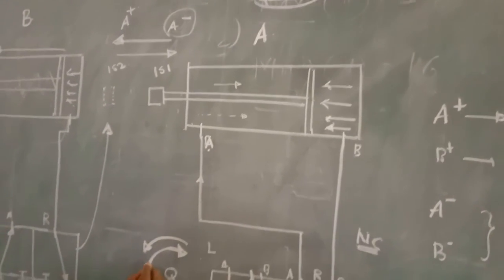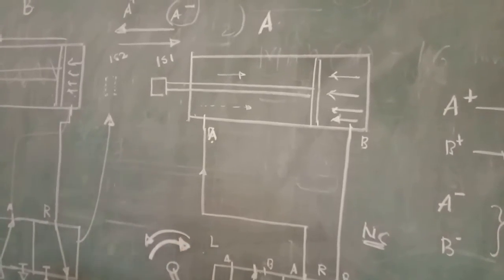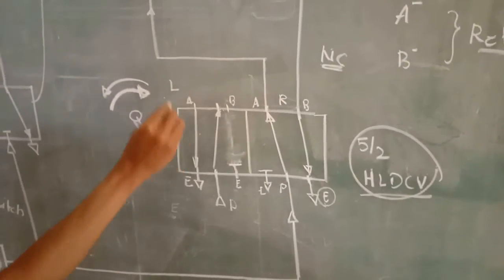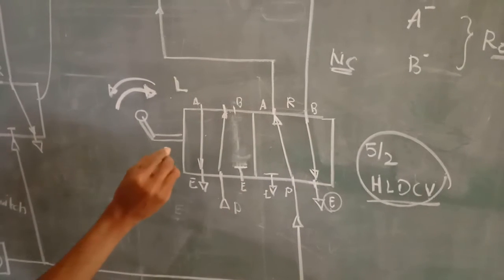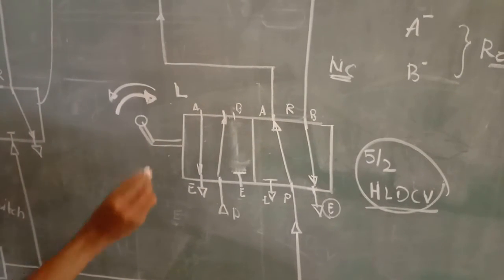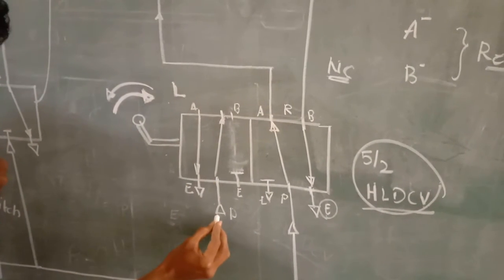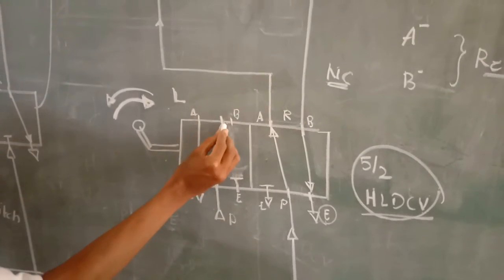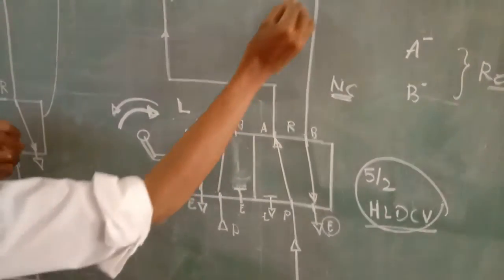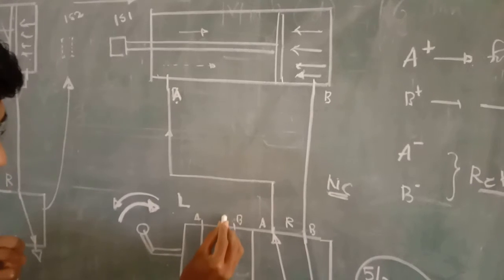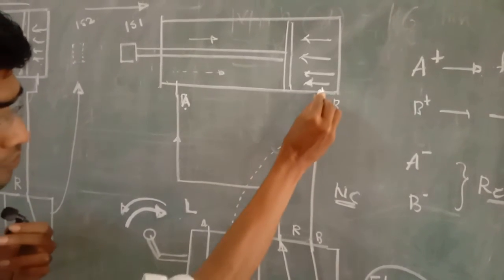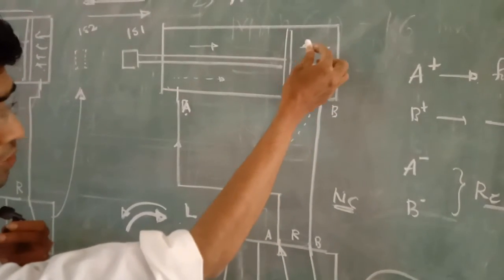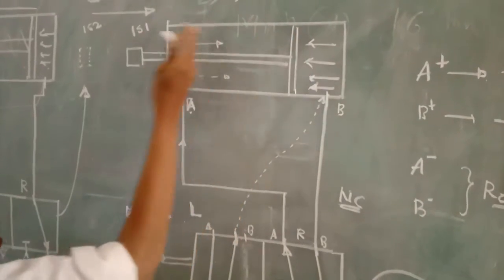So what will happen when we activate this lever? When we operate this lever, the left side of the 5x2 valve is activated. In the left side, pressurized air is connected to the B port, and the B port is connected to the right side. So pressurized air will enter the right side, create pressure, and the piston will move to the forward stroke.